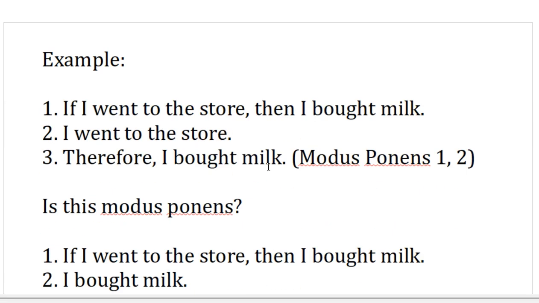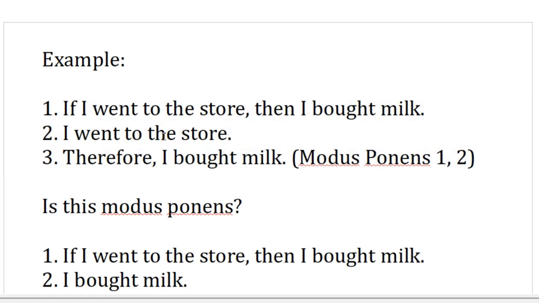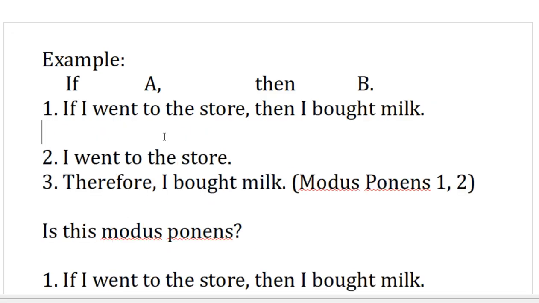Let's take a look at an example. Here's an example of modus ponens. If I went to the store, then I bought milk. I went to the store, therefore I bought milk. One way of seeing what's going on is that if I write in here, if A, then B. This is A, where you're saying the exact same thing in the A slots.